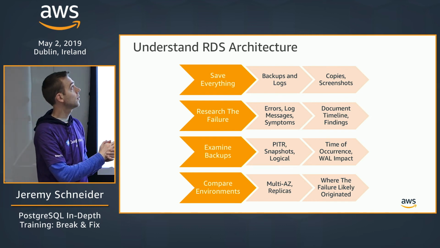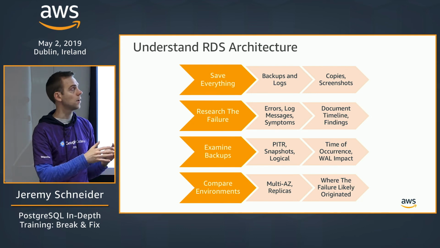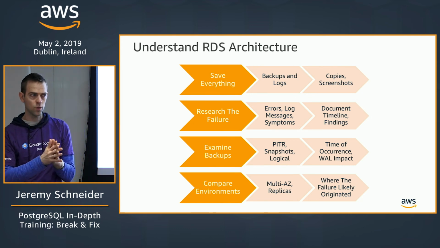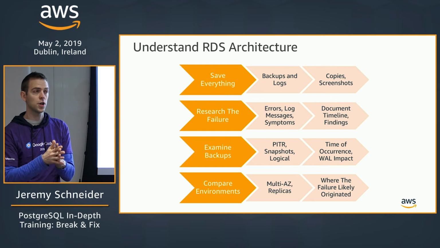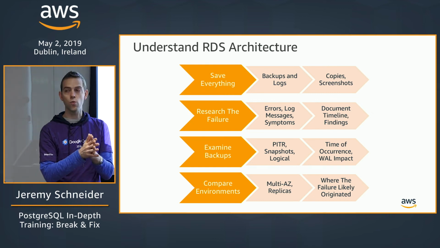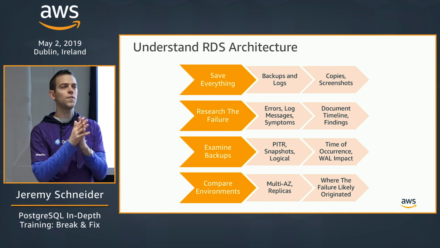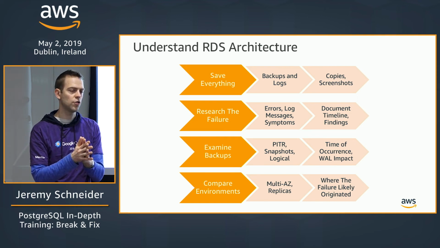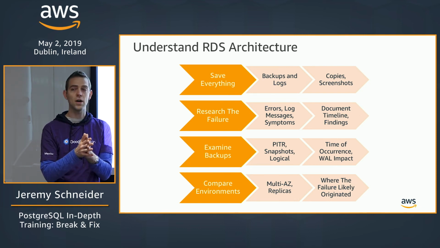Another thing, when I say save everything, you've got to pay attention to retention as well. Sometimes you might want to take a manual snapshot of your oldest backup, like the one that's about to roll off. It would be a very good idea to download all of your Postgres logs, especially the old ones that are about to roll off.